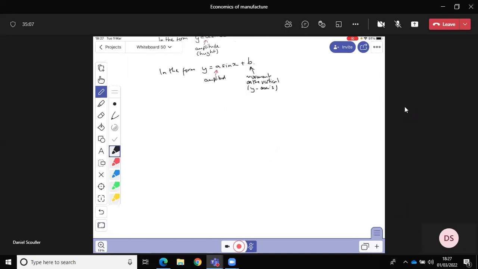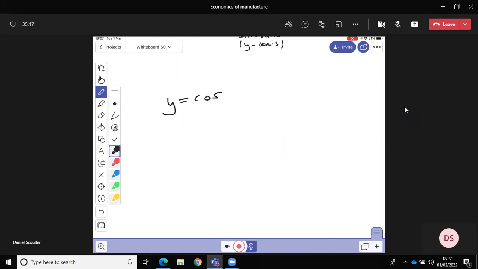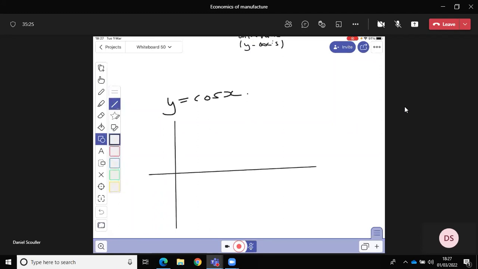Likewise, if you're seeing it in the question, again, we'll have to sketch this out. So we're sketching y equals cos x. Again, you won't get given graph paper for this, guys, so it doesn't have to be perfect, but it has to be decent.